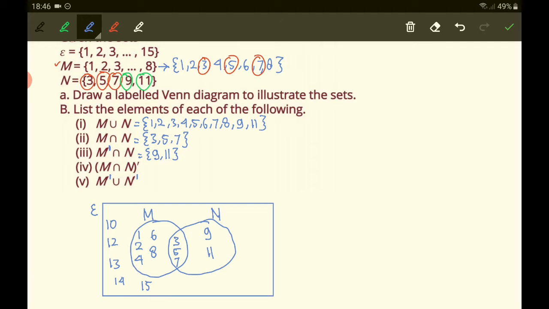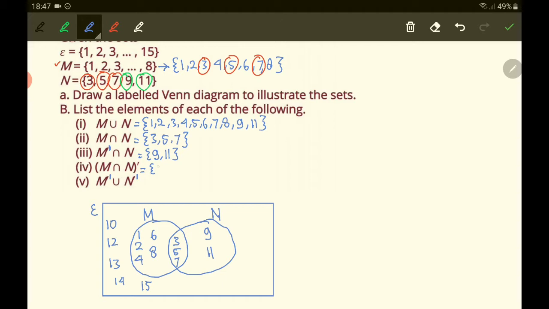So now the fourth question is M intersect with N complement. It means we have to know first what is M intersect with N. We already got here in the second part, and then complement. So something inside the universal set, but not the second one, not 3, 5, 7.